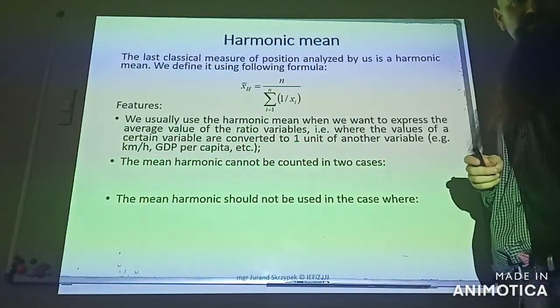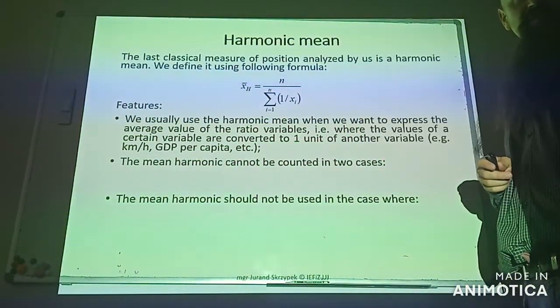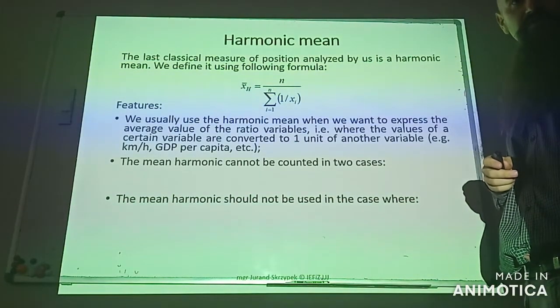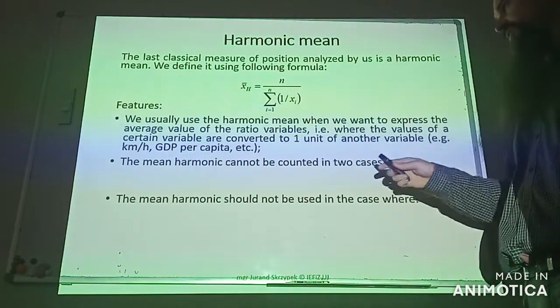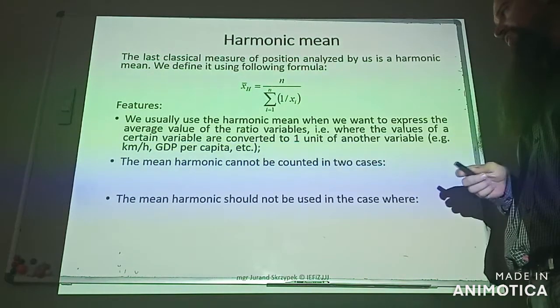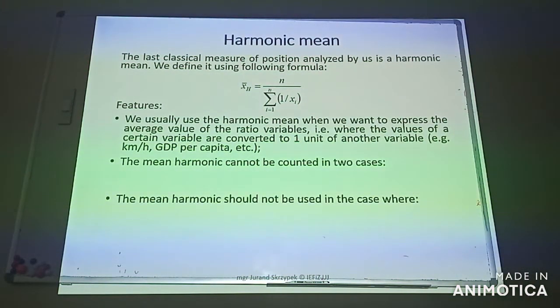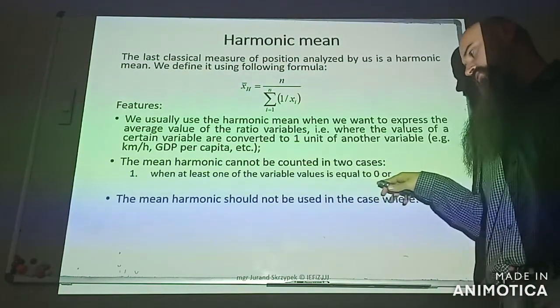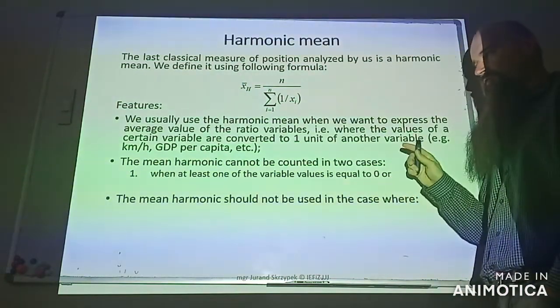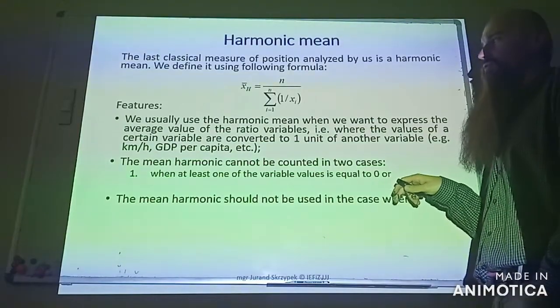We divide something by something, so we have to remember the following rules. The harmonic mean cannot be counted in two cases. First case, when at least one of the variable values is equal to 0.